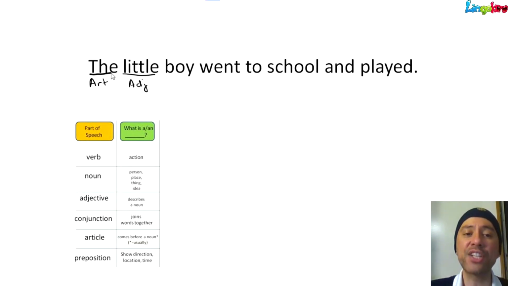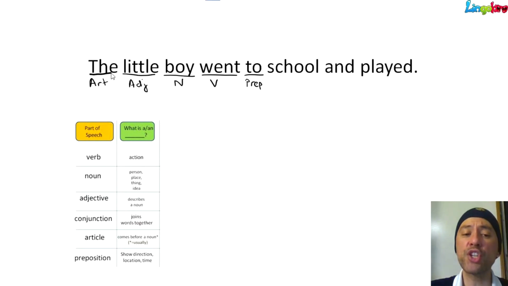A-D-J. An adjective that does what? It describes the boy. It's a little boy. And so boy is a noun. Went, the little boy went. Okay, so went is a verb. So it's an action, right? Put a V. To is a preposition. All right, prep.